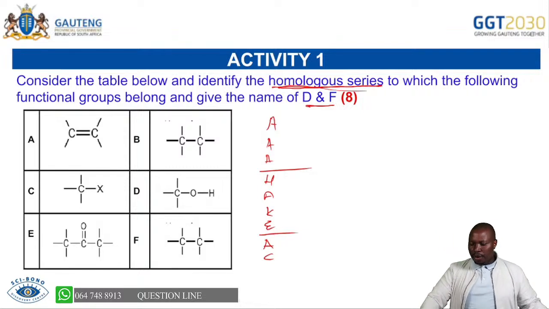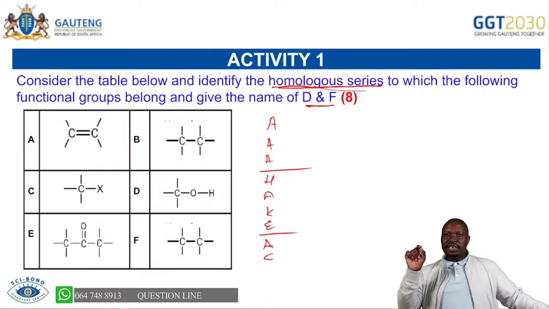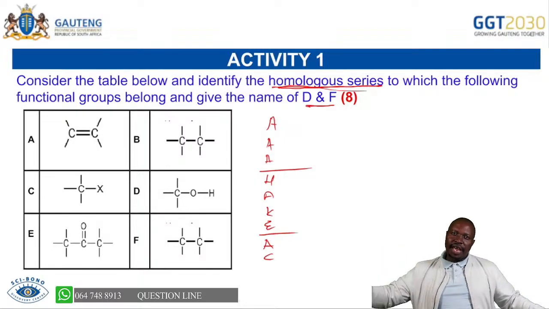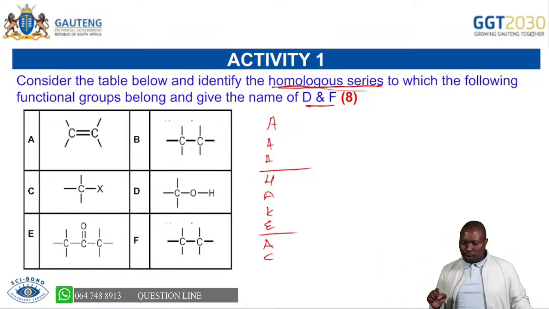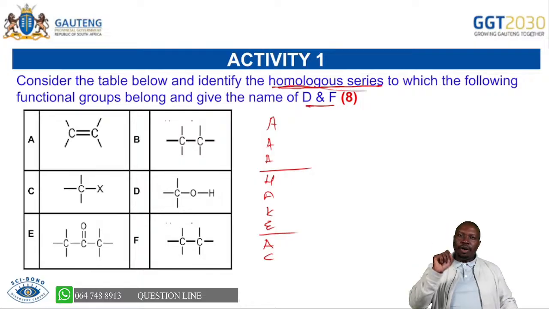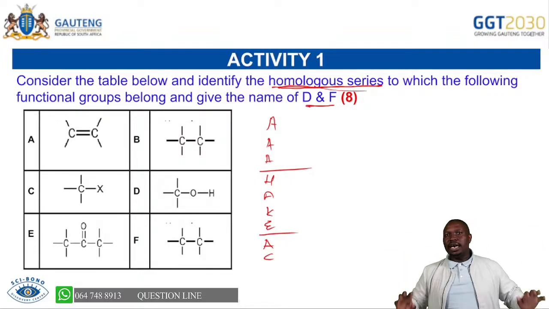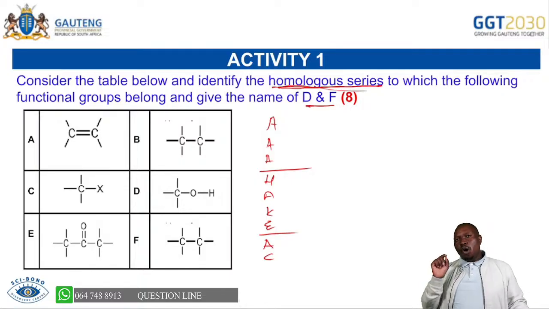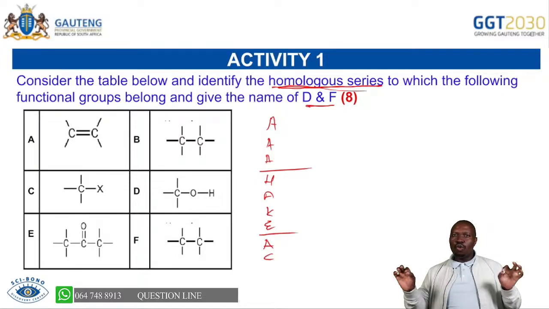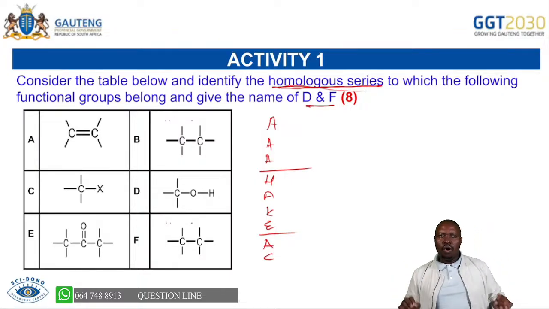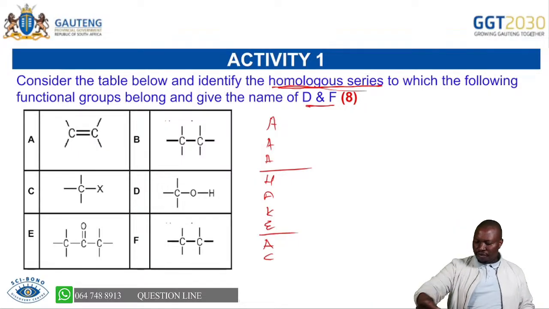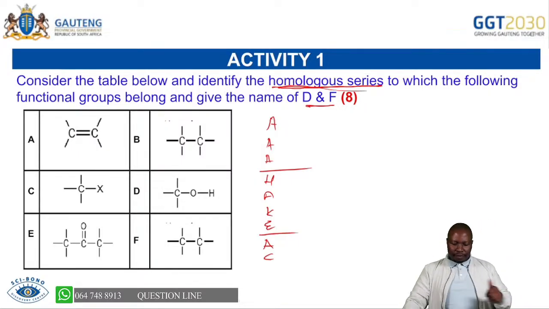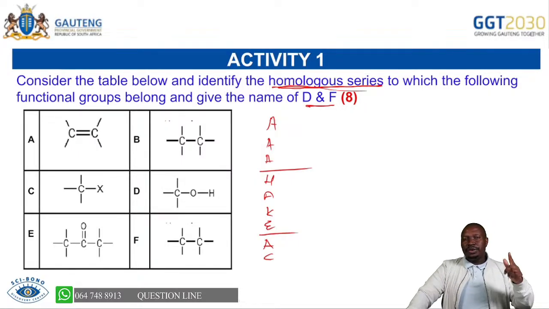And then when it comes to aldehydes, we said C double bond O bonded to the hydrogen. When it comes to ketones, we said C double bond O bonded to 2 other carbons. And then esters is a C double bond O with an oxygen bonded to 2 carbons. Oxygen must be bonded to 2 carbons, so we're able to move. Alcohol, we said it's a carbon that is bonded to the OH.